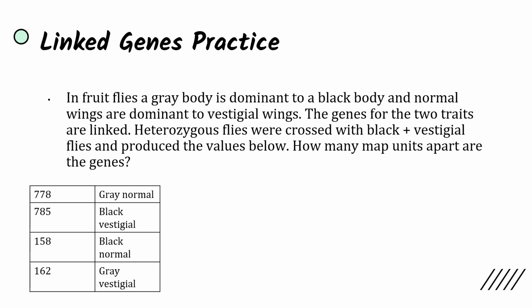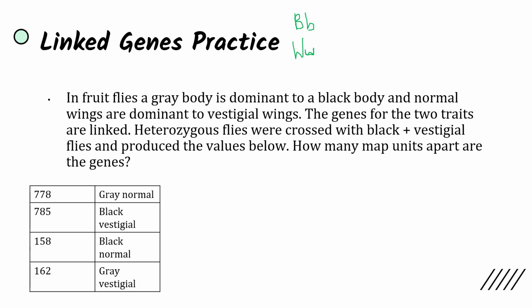So first let's talk about what if these were not linked genes? What if these were not on the same chromosome? What would be our Mendelian genetic probability for getting a fly with black body and vestigial wings? So our heterozygous flies are going to be, for body B and for wings W, have one capital and one lowercase.